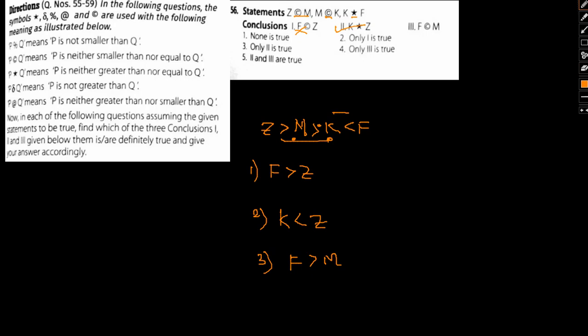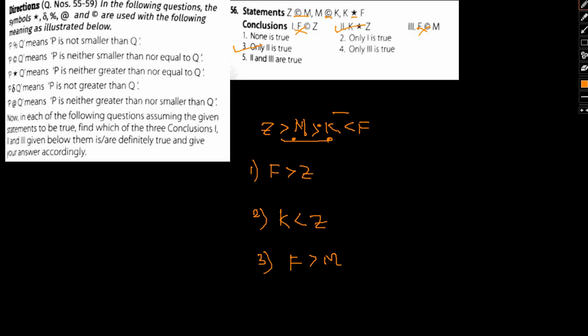No, we cannot say, because F is greater than K and M is also greater than K, so we cannot say whether F is greater than M or not. So 3 cannot be said. So only 2 is true. For 56, option 3 will be correct. I hope this is clear.